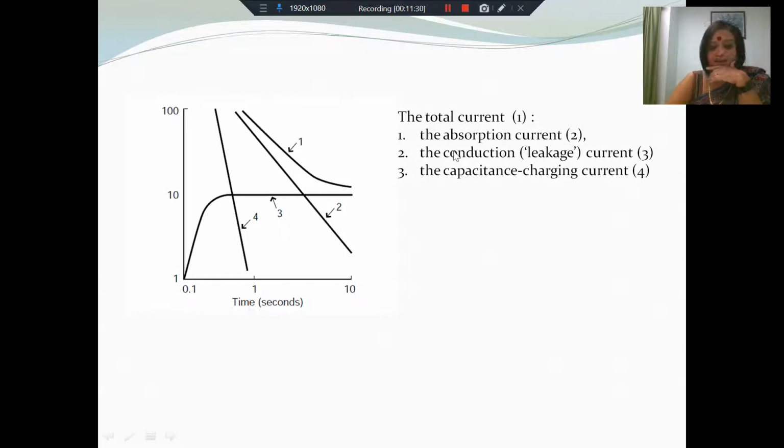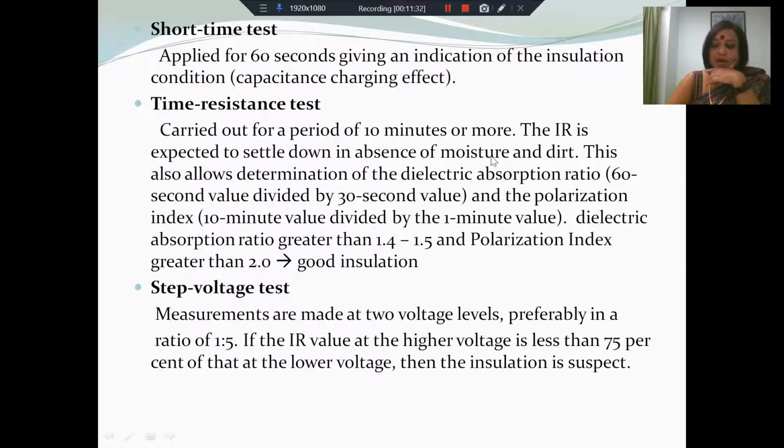The conduction current is of course there. So a ratio of the 60-second value and the 30-second value can give you an estimate of what is called the dielectric absorption ratio, which is how much absorption current there is and how much is the capacitive current. And if you take the 10-minute value divided by the 1-minute value, this is a measure of the polarization index, that is how much polarization takes place.